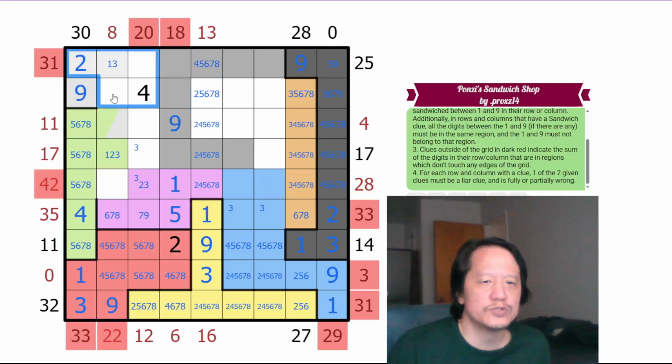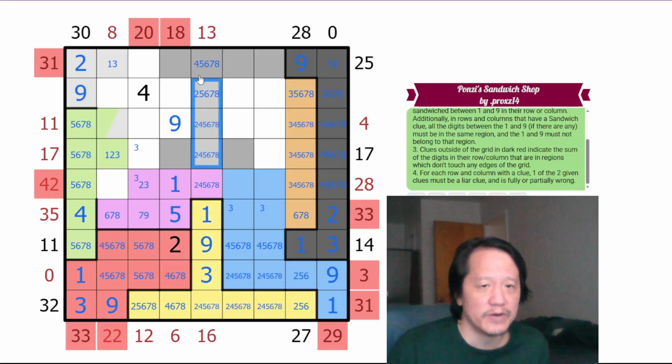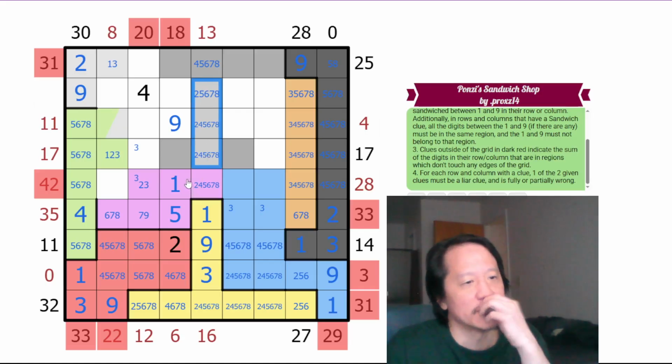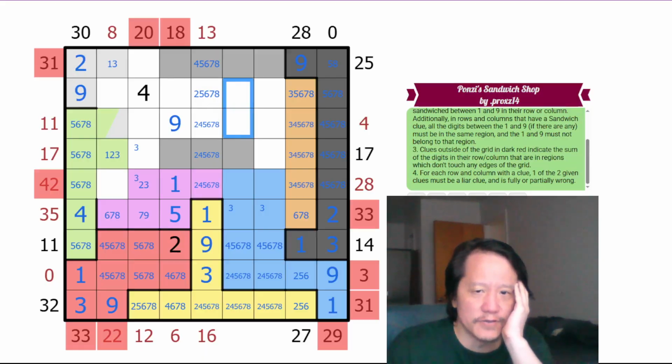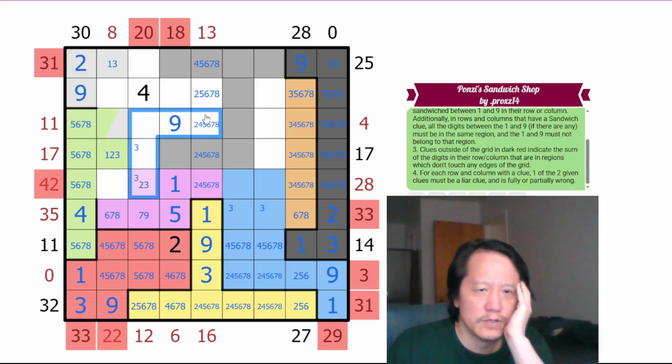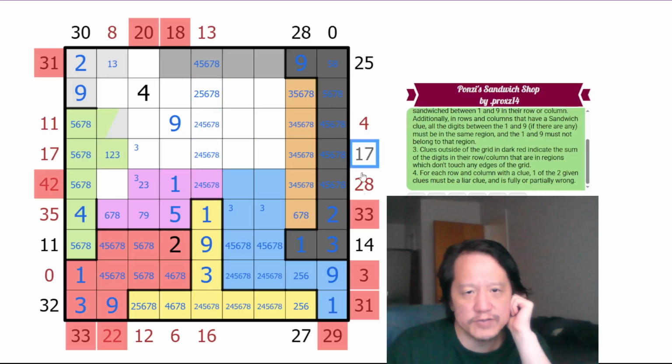Yeah, it's going to be too small of a region. Cannot connect this way, same for column 5, having to have 13 or 16 be the sum of the digits in regions that are not touching the edge of the grid. And this doesn't work either because the problem is pink can't go this way. So the same problem with that. So I believe 17 is incorrect.